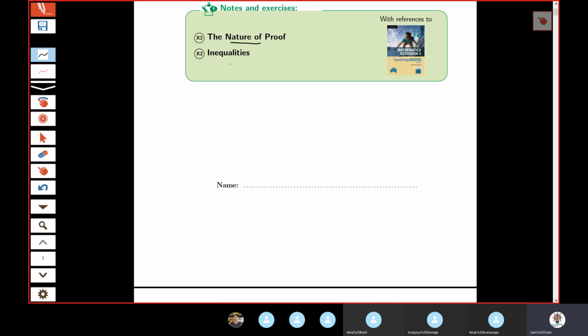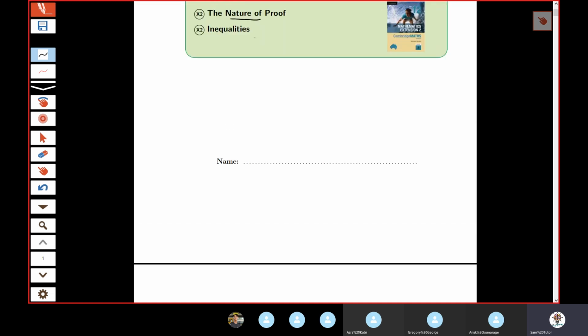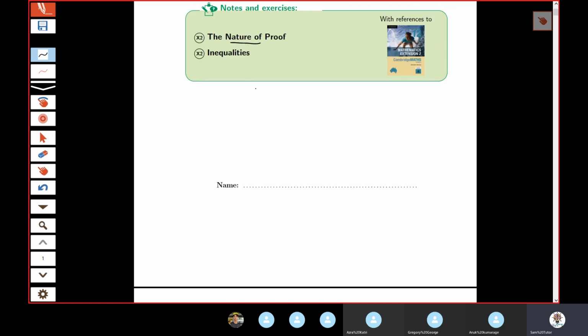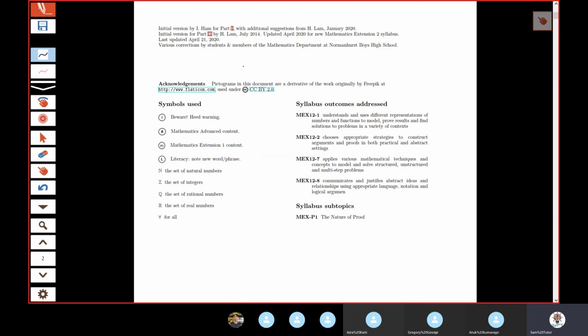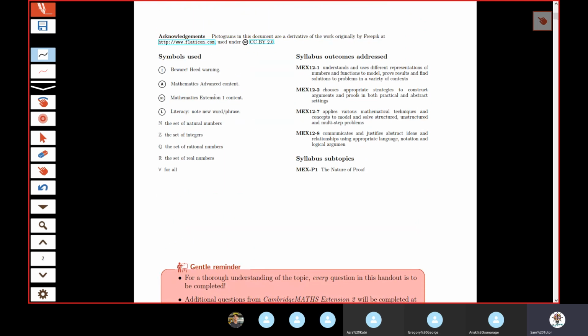The inequalities bit, however, I think we'll get started on that today. That will make sense to you, and I think you will enjoy it a lot more than the nature of proof. We've already finished induction, by the way, right? So induction, there's nothing else there to do, just a bit of practice. But that's kind of what I mean.